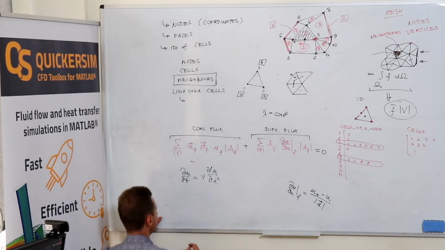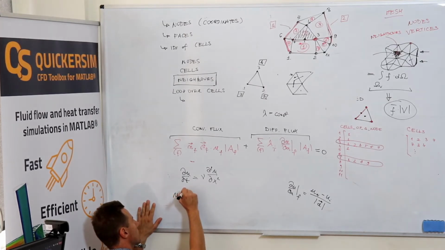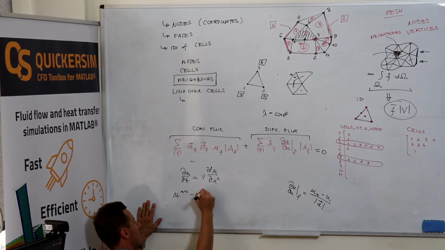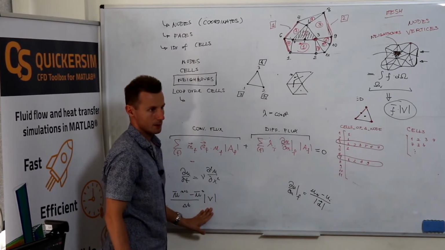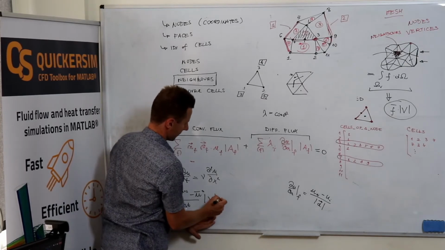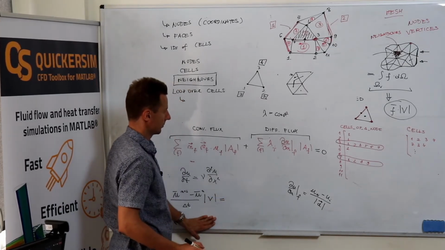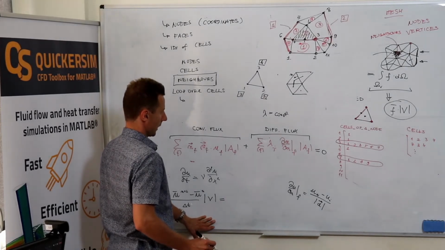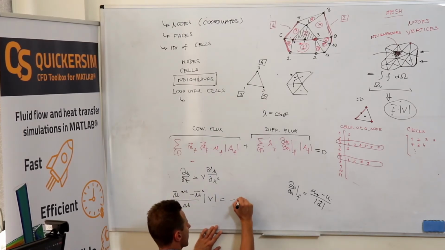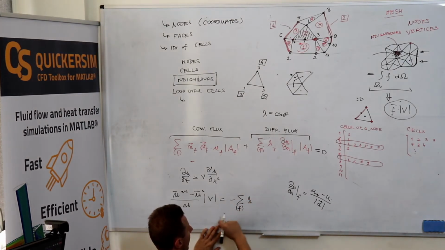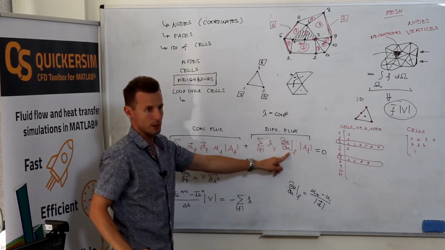It would mean that we have u^(n+1) minus u^n, our average, divided by delta t, multiplied by the volume of the finite volume, equals the diffusion flux, which is minus the sum over all faces of lambda. Let's assume again lambda is constant, and we need to discretize that.